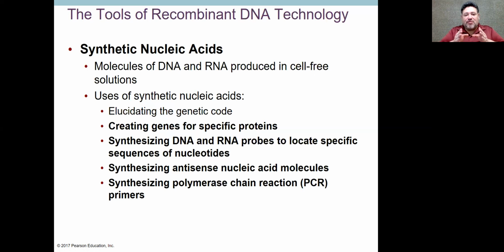What you would do is you would make a complementary piece of DNA or RNA, depending on what you're using. And if it's complementary, the hydrogen bonds, the sticky ends, will be complementary to each other. So that complementary piece of DNA or RNA will only adhere to that particular nucleotide sequence in the DNA.